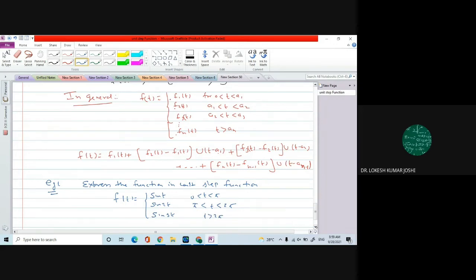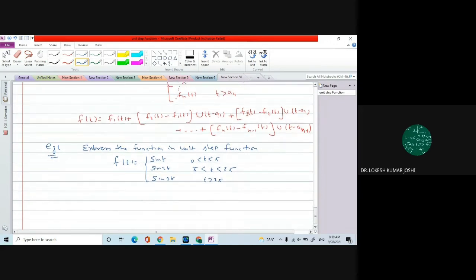Since this function is a piecewise continuous function, we can write it in terms of unit step function like this.